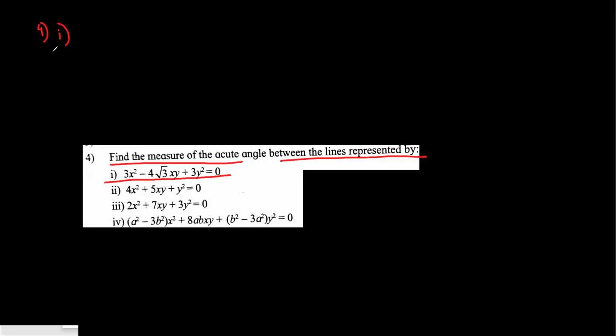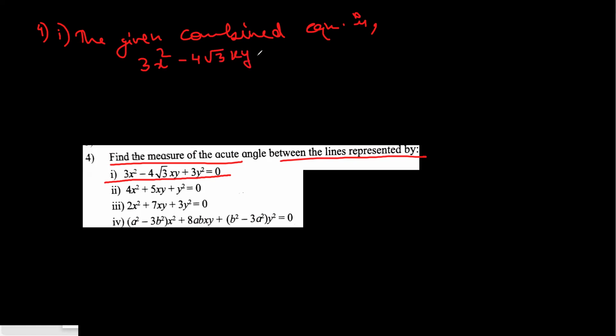So I will start the solution. The given combined equation is 3x square minus 4 root 3xy plus 3y square equal to 0.